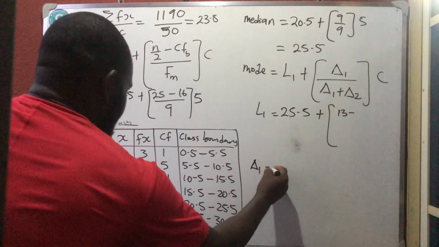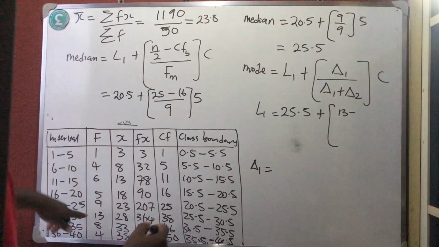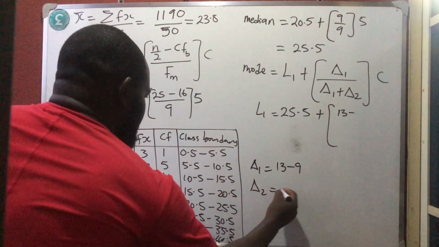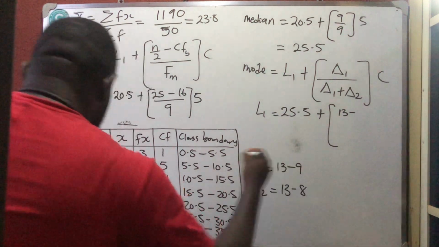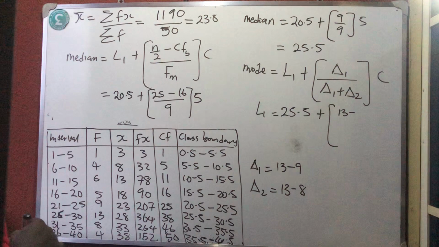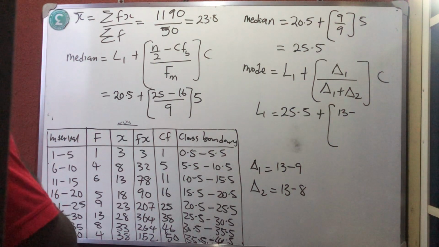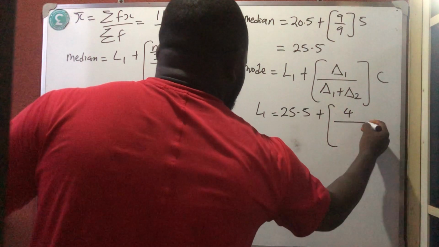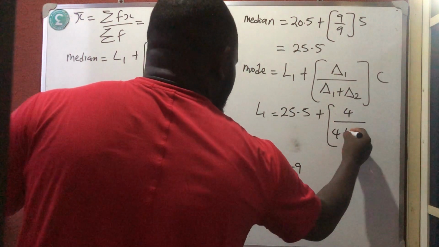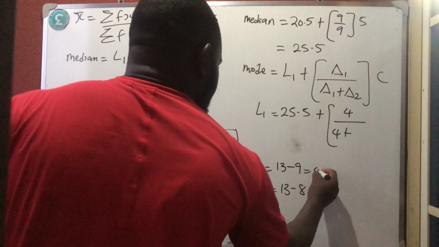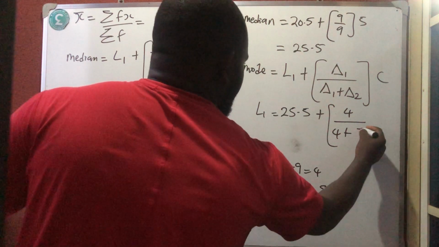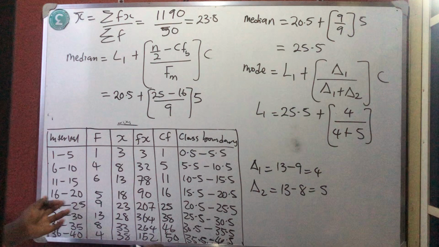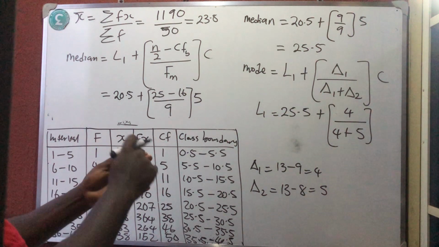My change in 1 is the one up, which is 13 minus 9, while my change in 2 is 13 minus 8. 13 minus this is giving me 4, all over the same 4 plus 5. This one is giving me 4, while this one is giving me 5. All multiplied by C. But don't forget how to get C. Choose any one you like: 21 to 25, 21, 22, 23, 24, 25.